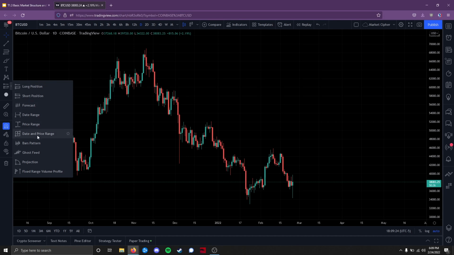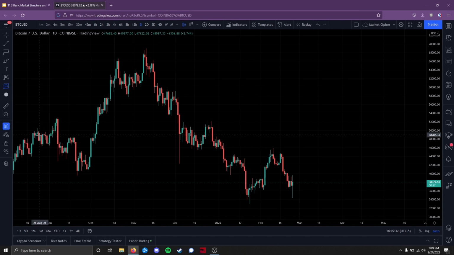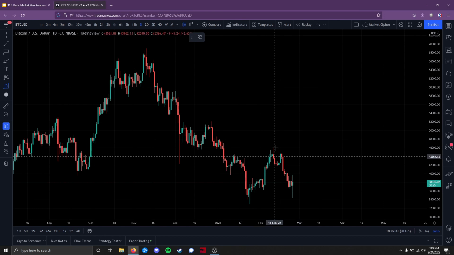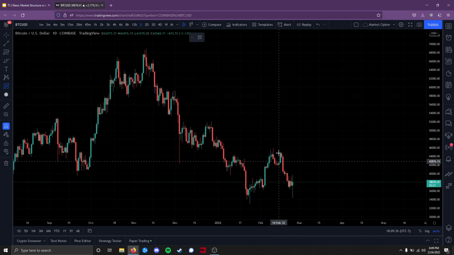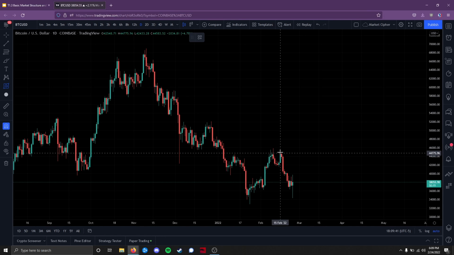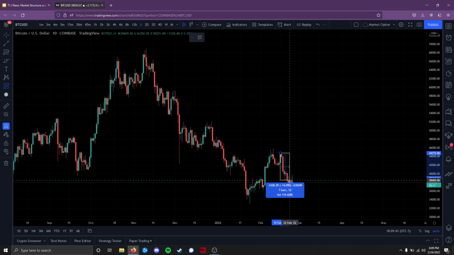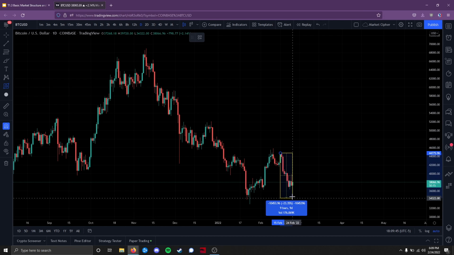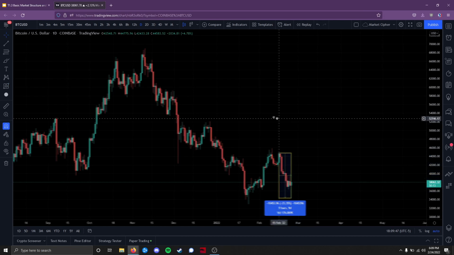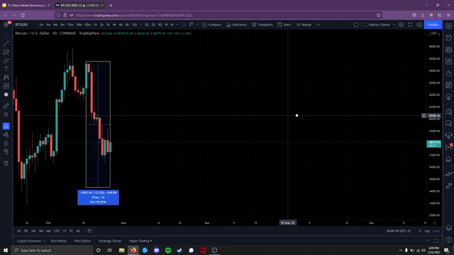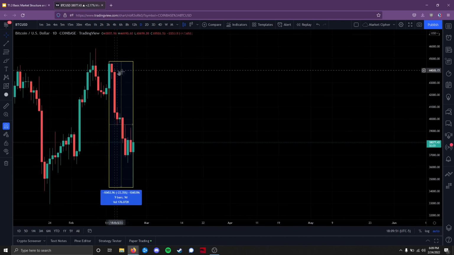If you go to date and price range, you could also just do date range if you want just the dates, or price range, just the price. I like to do both. If you click on date and price range, we can click. So let's say from the next swing high, this was 45.7, 44.7, and we can click that in there, and now we can move the chart around and click anywhere we want, and this won't disappear.